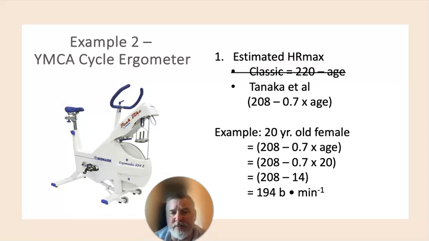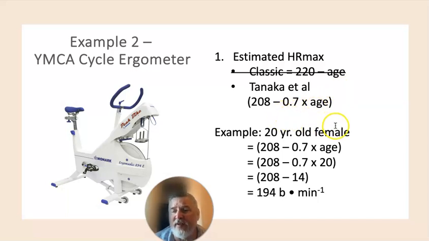The first thing we're going to do is estimate heart rate max. The classic way to do that is 220 minus your age. We're not going to do that because Tanaka et al. have a formula that works better for college-age students. So we're going to do 208 minus 0.7 times your age. This is also the formula you're going to use for your individual training program, so don't forget this.